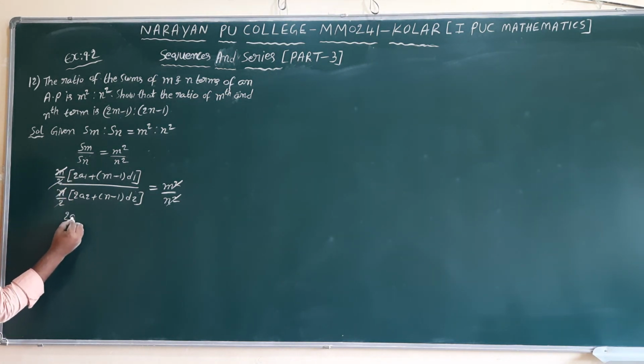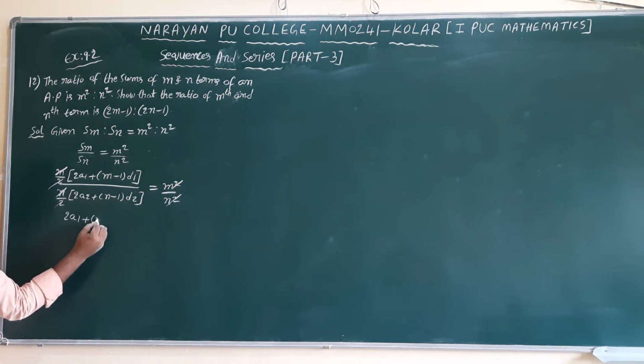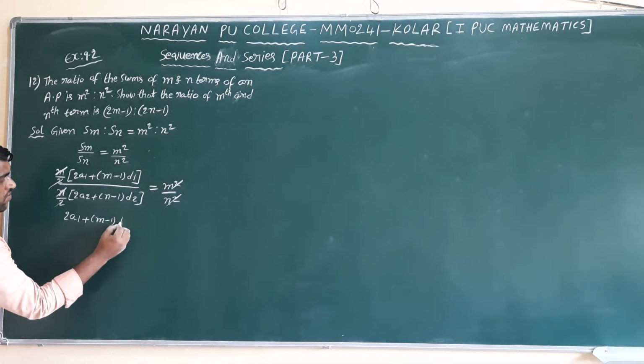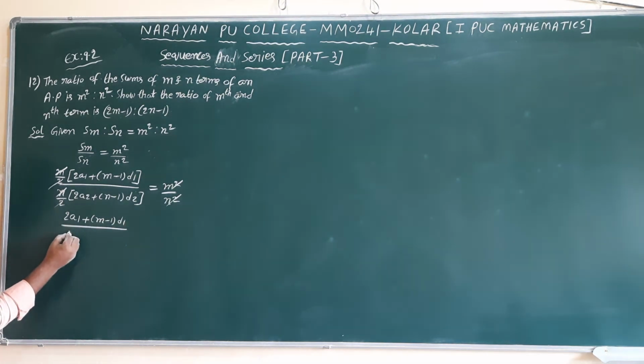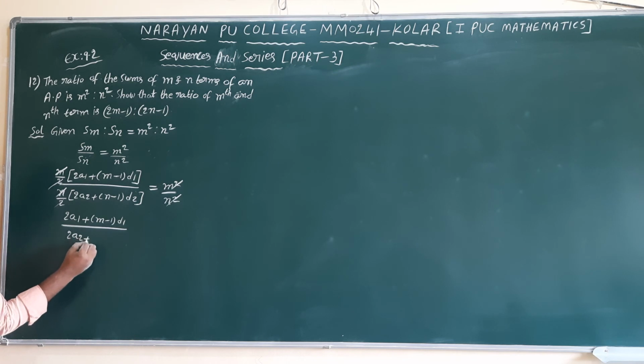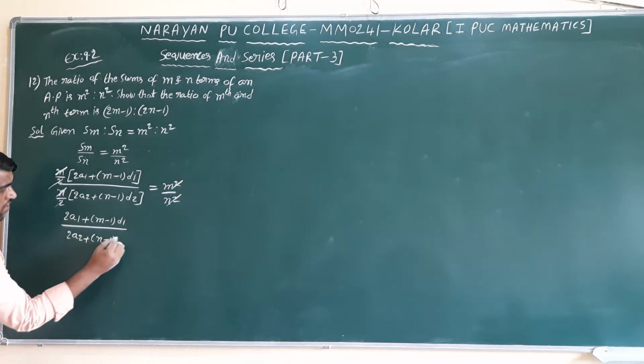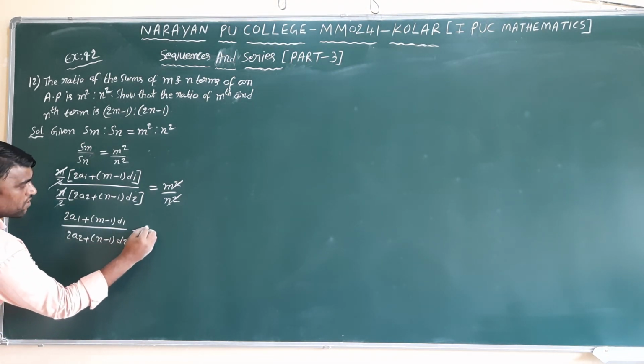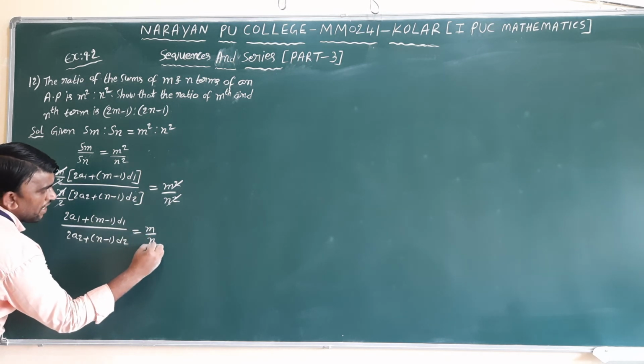Remaining is 2A1 plus m minus 1 into D1 divided by 2A2 plus n minus 1 into D2 is equal to m by n.